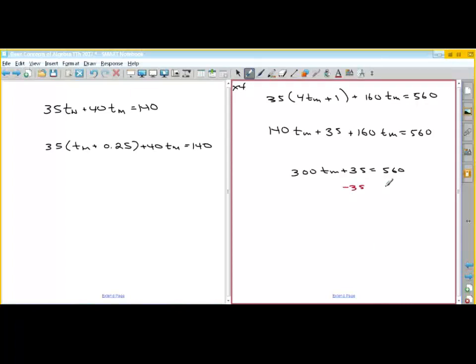You would add negative 35 to both sides to isolate the variable term. So you have 300 times t sub m is equal to 560 minus 35, which is 525. And then you would divide both sides by 300.